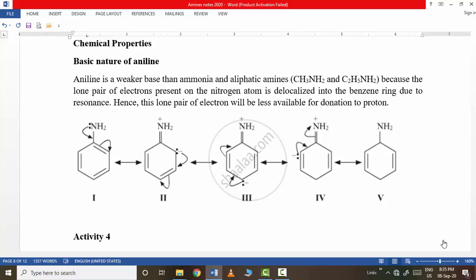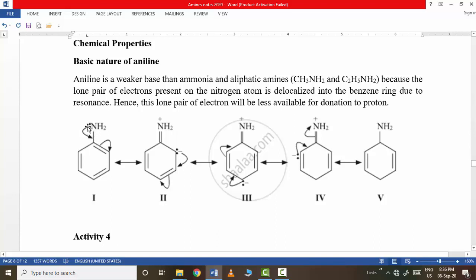Its weaker nature is because of the lone pair of electrons. Do you see the lone pair of electrons? This lone pair of electrons present on the nitrogen is not easily available because it is undergoing delocalization.